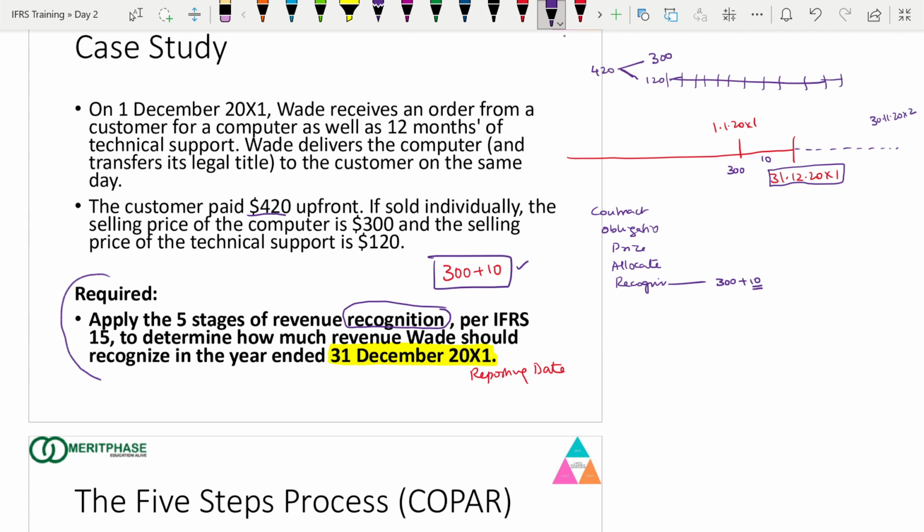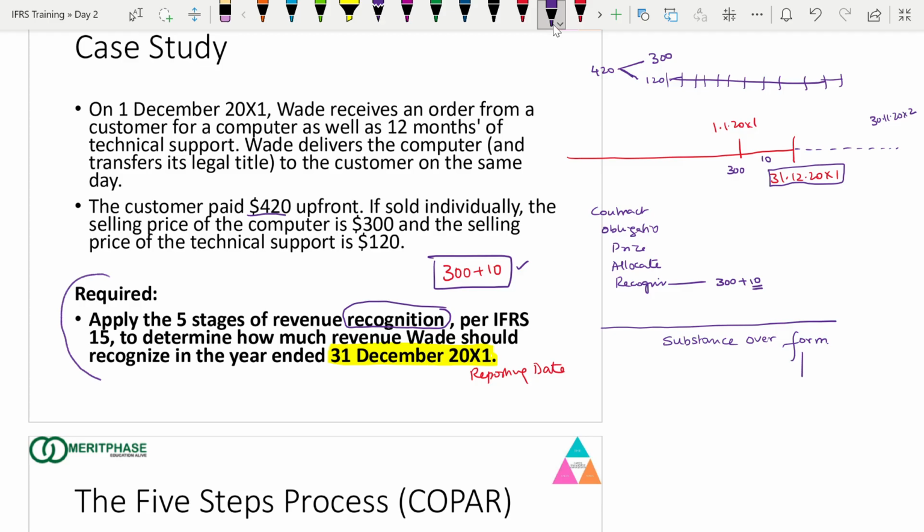Okay. I will get back to you on the same thing. If you remember, we have covered something called substance over form. Take an example.